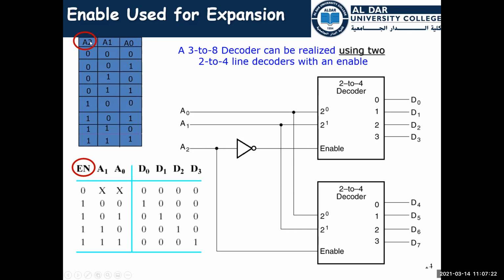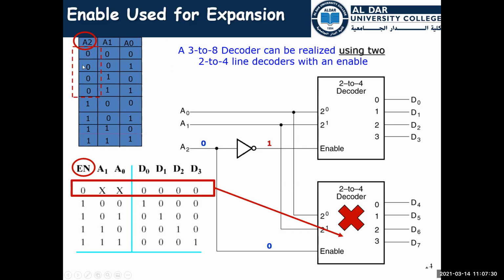So here A2 is representing enable exactly, because if you see this table, it is divided into two parts. The first part is 0, the second part is 1. If the value is 0, we work with A1, A0, but only one decoder, because only that decoder is working and the other will not be working.